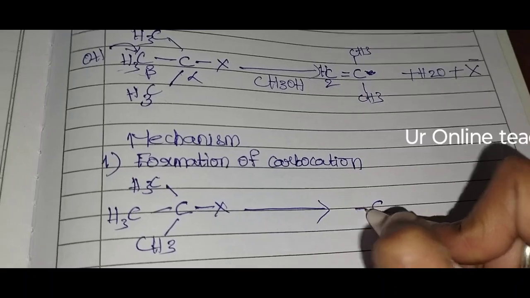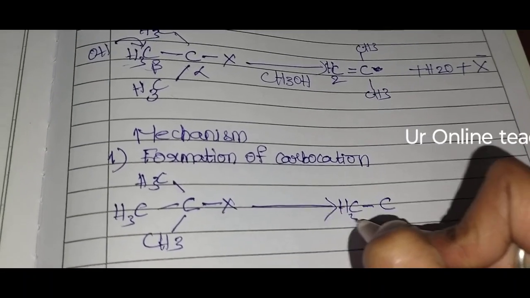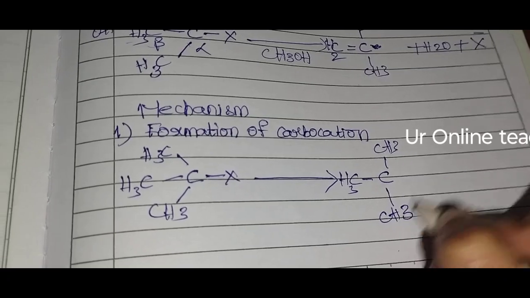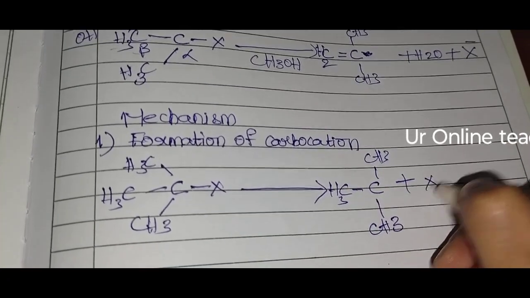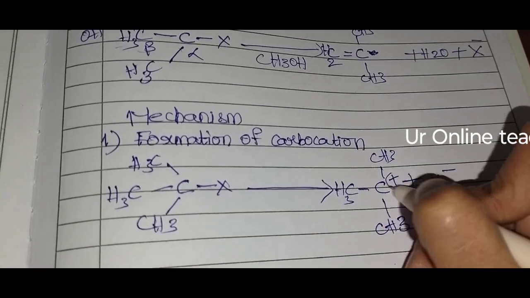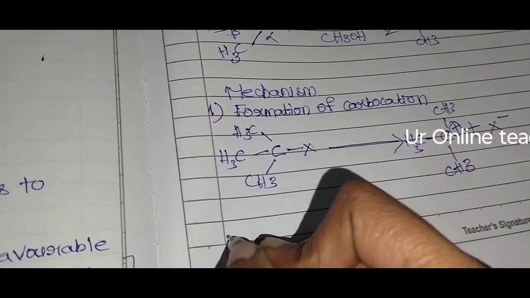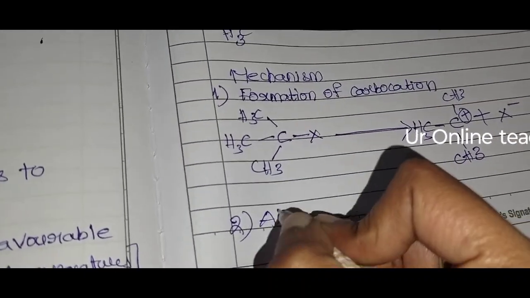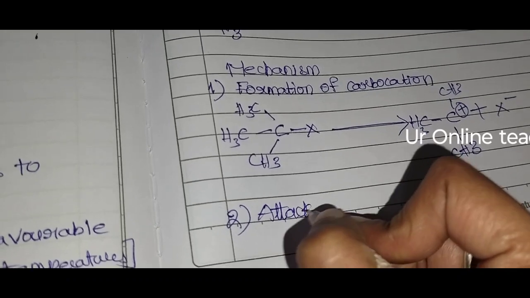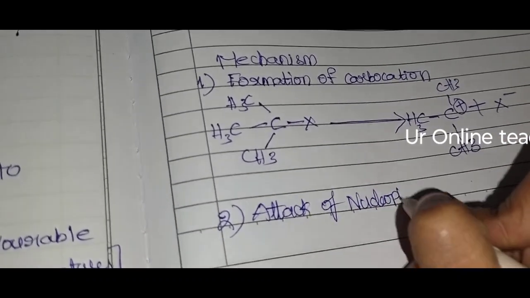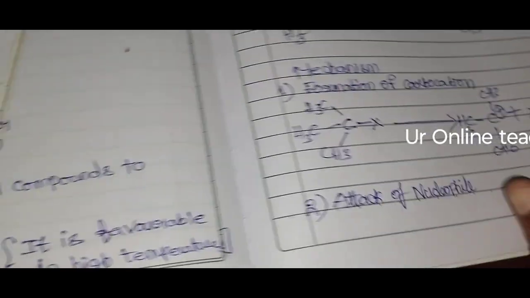CH3 plus X minus, it will be removed and it will form carbocation with plus charge. Then the second step is attack of the nucleophile, and this is a fast step. Let me explain that.